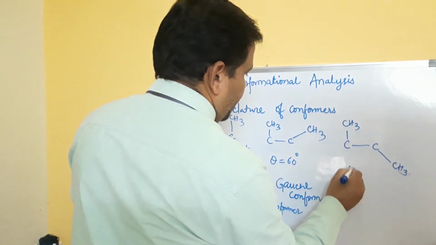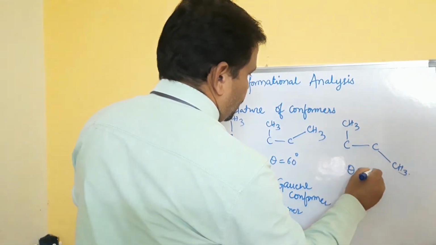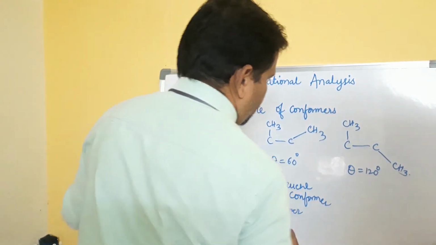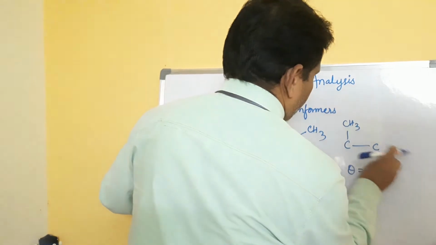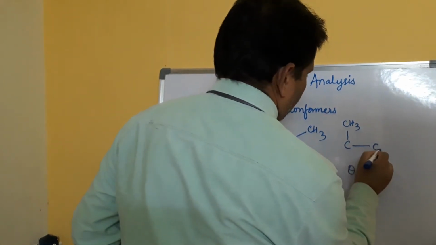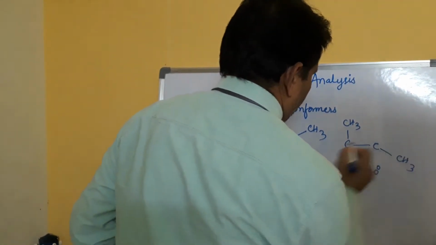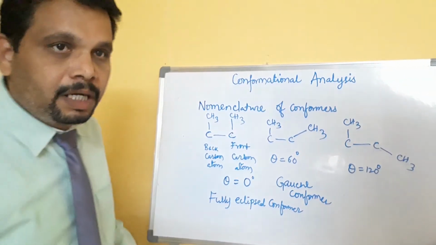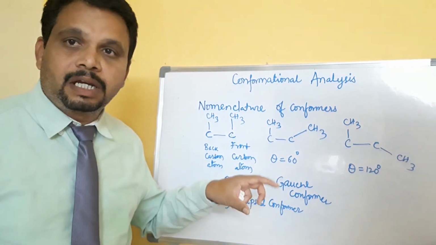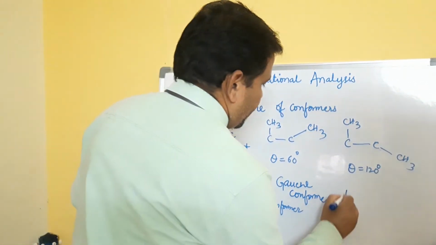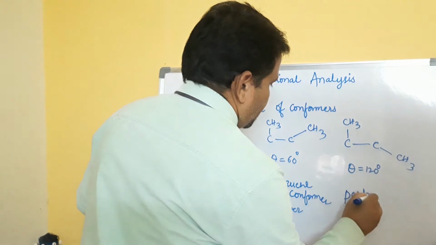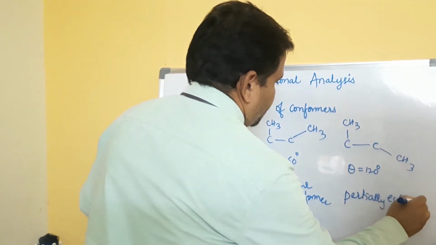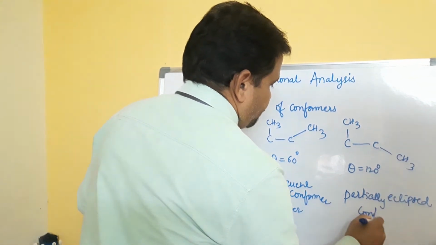The dihedral angle in this is 120 degrees. In that case, this kind of conformer is considered a partially eclipsed conformer.